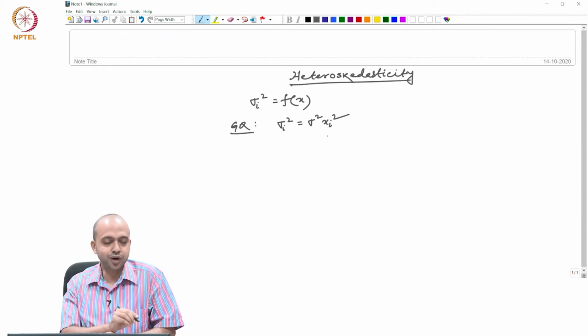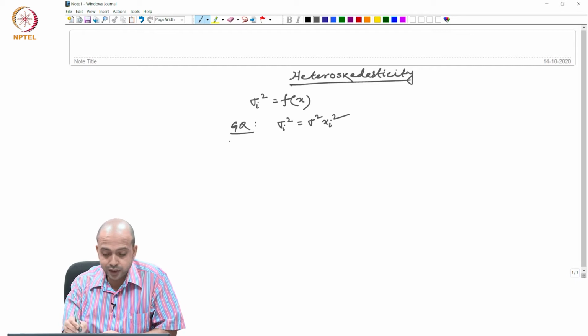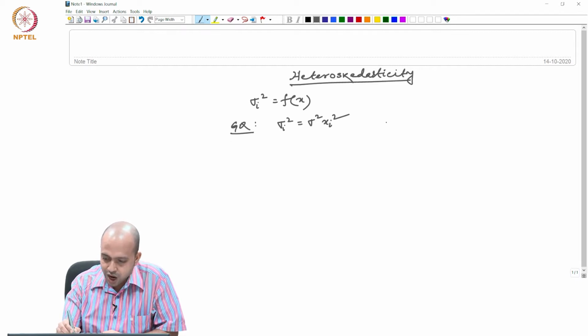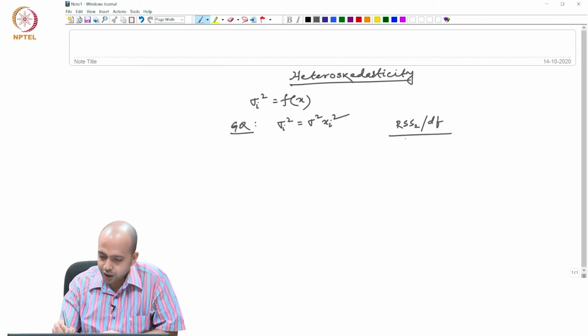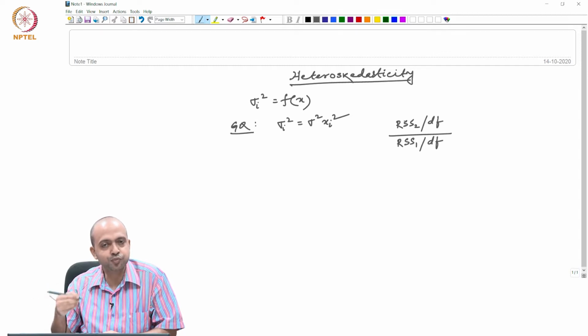Because of this particular assumption, we constructed the test statistic in the Goldfeld-Quandt test, if you recall, as RSS 2 divided by its corresponding degrees of freedom, over RSS 1 divided by its corresponding degrees of freedom, right. What is RSS 2? RSS 2 is the RSS from the model wherein you run a regression of y on x, where x is from the second sample.